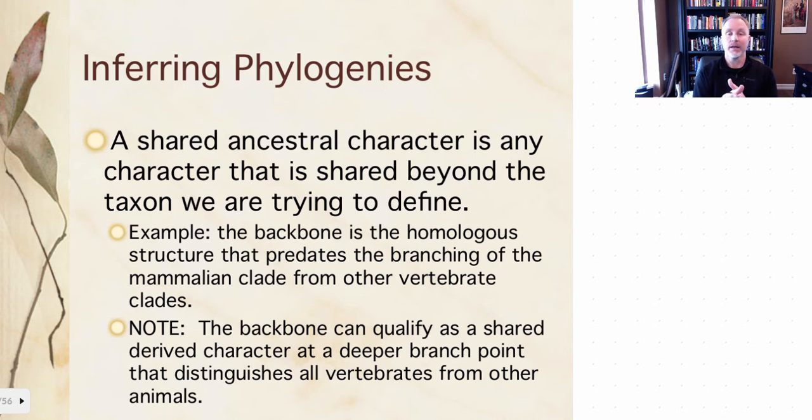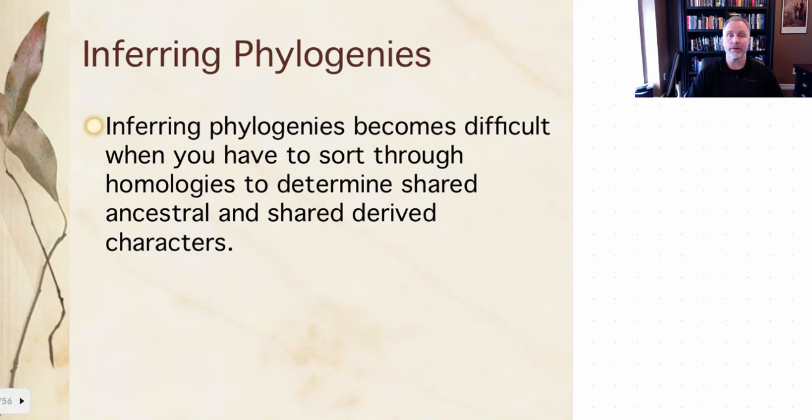We can look at the backbone as a shared ancestral character that predates mammals, but we can look at hair as a shared derived character as we build our clade up. The backbone can qualify as a shared derived character at a deeper branch point that distinguishes vertebrates from other animals. There are a variety of ways to look at this, but the key is that ancestral means it's older and predates the things we're talking about, and derived is an evolutionary novelty.